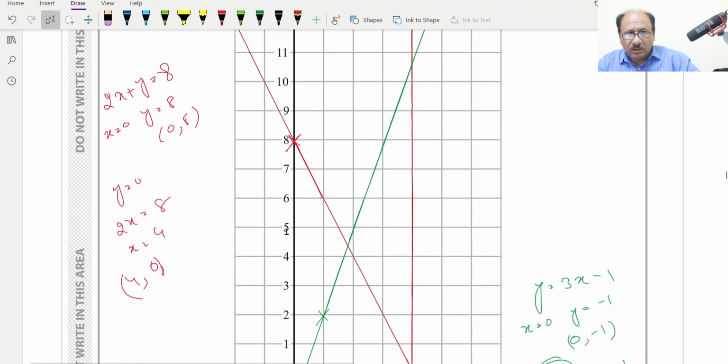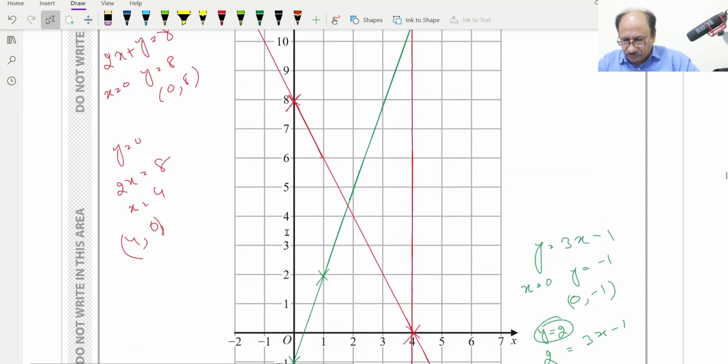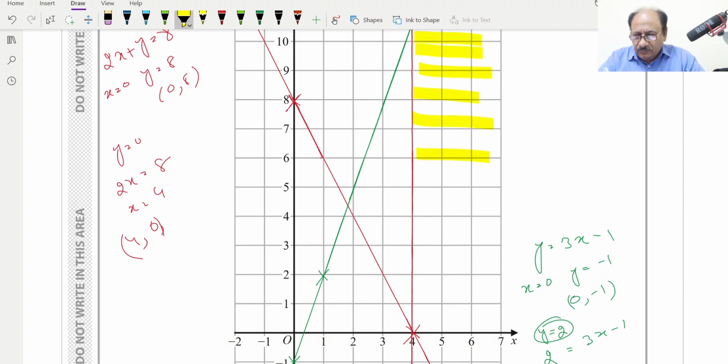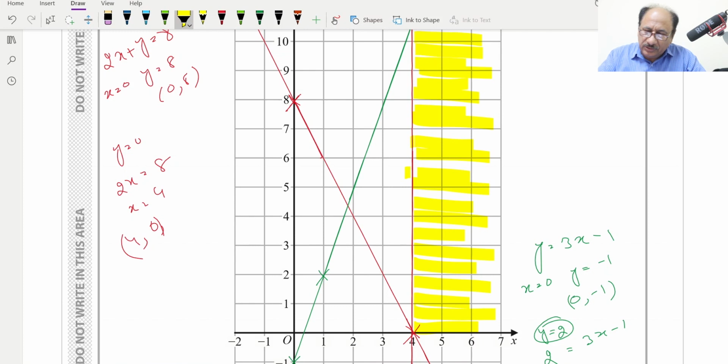So our highlighted portion will be this region, all highlighted. The less than portion is required, so the greater than portion is all highlighted. I'm not taking that portion.